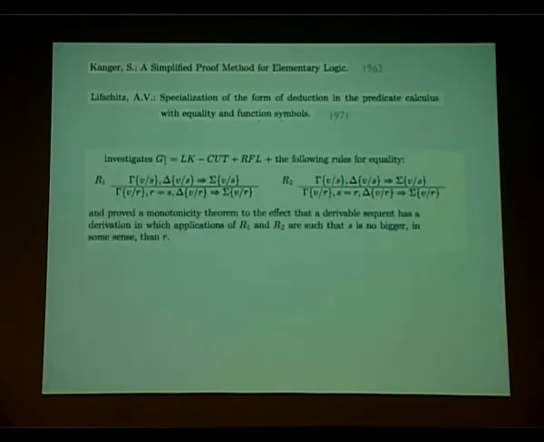The system I showed is somehow related to the system introduced by Stig Kanger back in '63, for which a proof of cut elimination was the project of Lifshitz, which, though it never appeared, Lifshitz showed that the system they consider is something like this, where you have many substitutions.